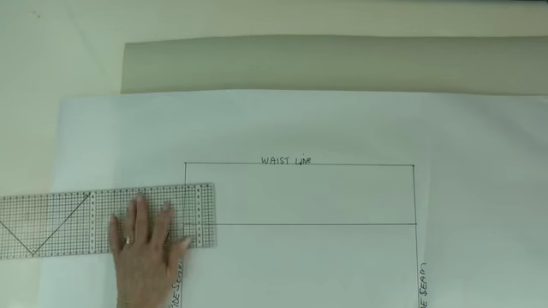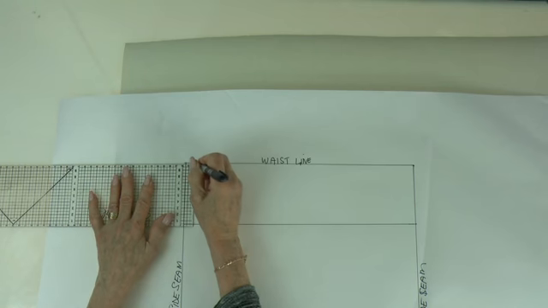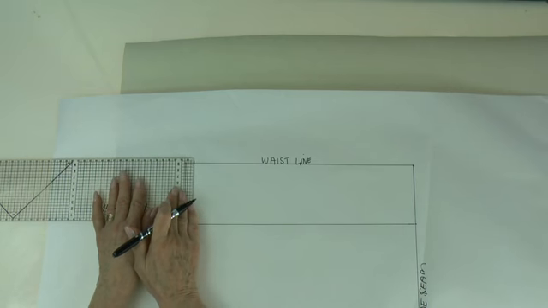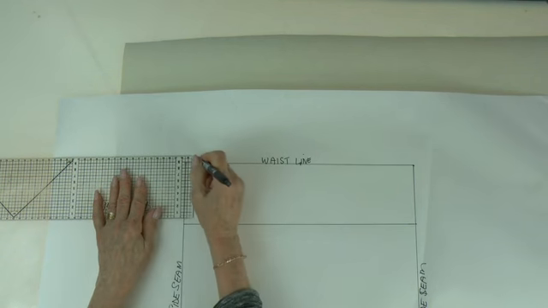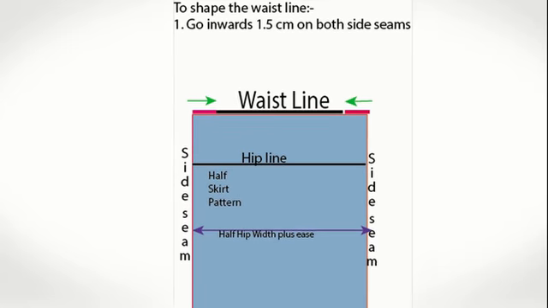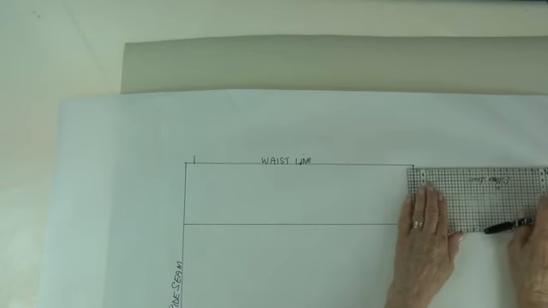From the side seam, go inwards 1.5 centimeters, and then from that point, go up 1.25 of a centimeter. Do this on both side seams, in 1.5 centimeters from the side seam, then up 1.25 from the waistline.